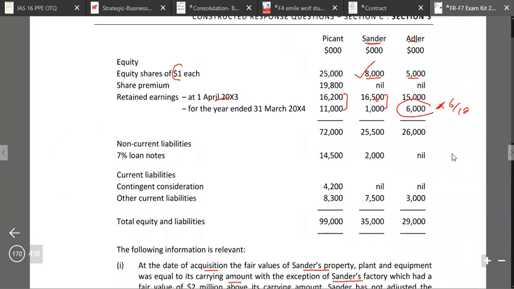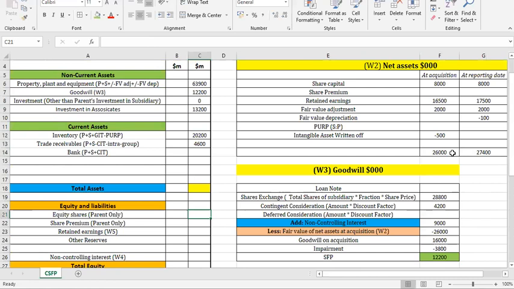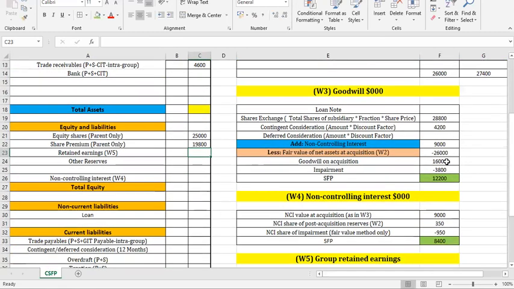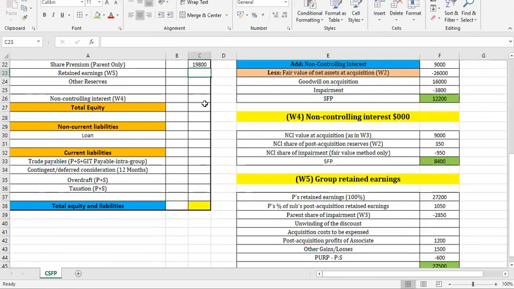We can take directly because the share exchange has already been recorded. So 25,000 plus 19,800. Okay, then you have retained earnings from working number 5, which was 27,500. Okay, this one.